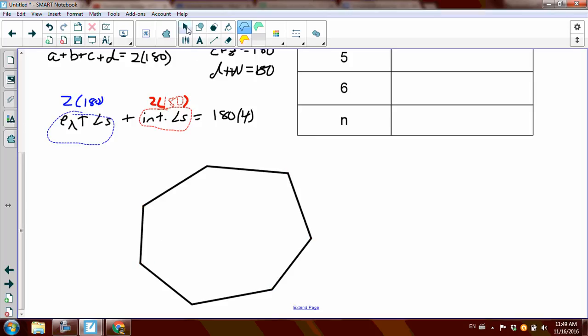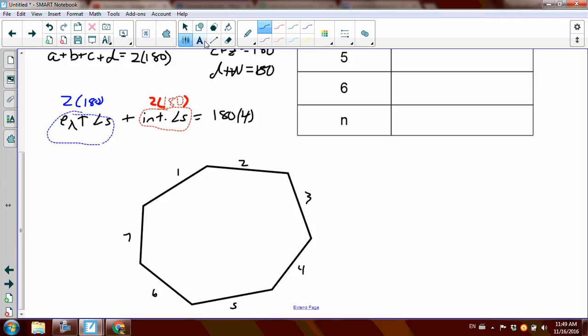All right. You've got 1, 2, 3, 4, 5, 6, 7. I have a heptagon, or a septagon, here.